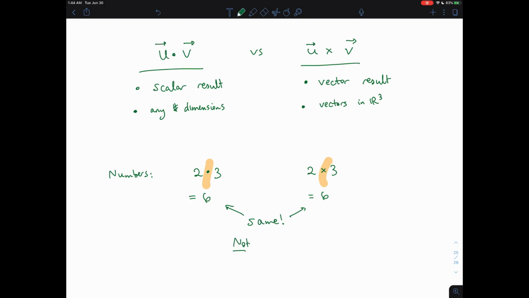The times signs are the same for numbers, but not the same for vectors. So therefore, please pay attention to whether it's a dot or a cross. And when it comes to vectors, you cannot just switch them around. Like with numbers you can, with vectors you can't. They're not the same.